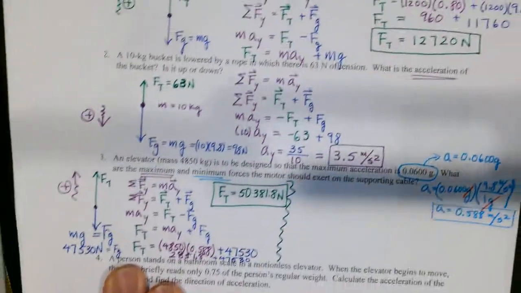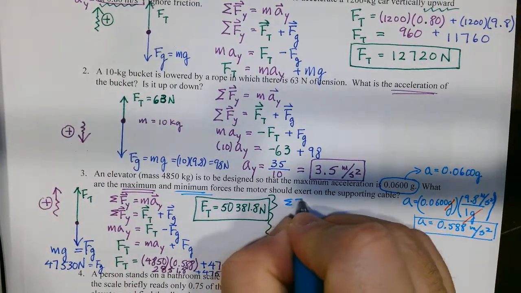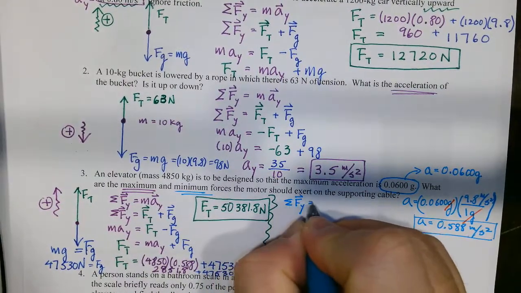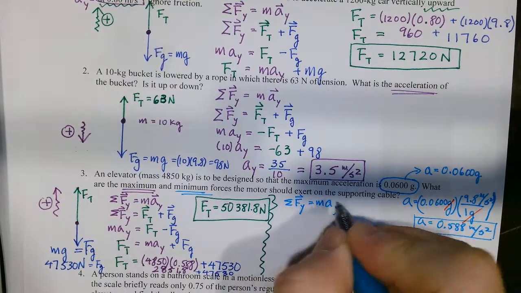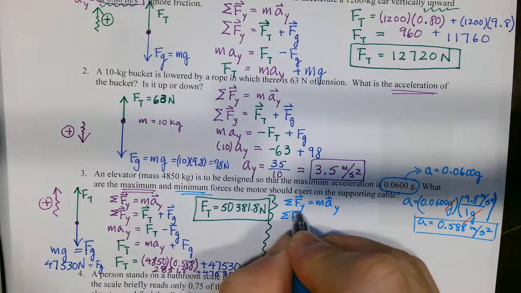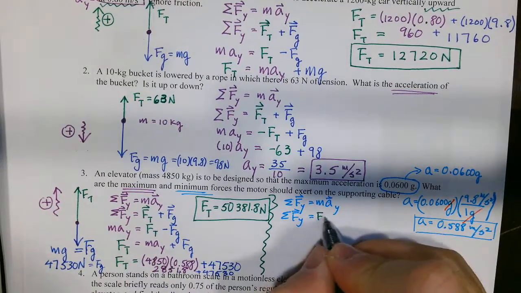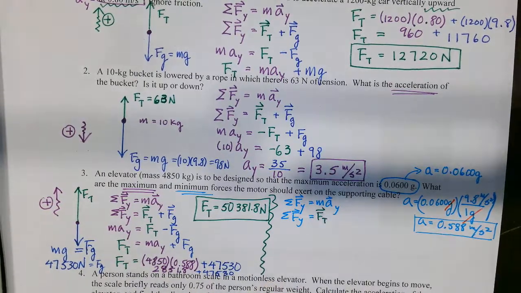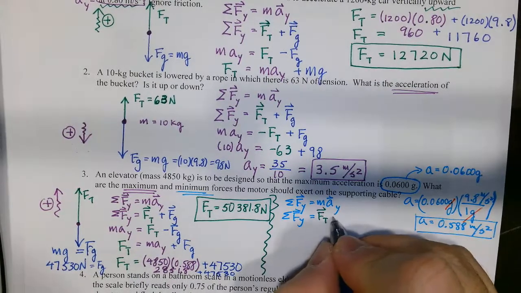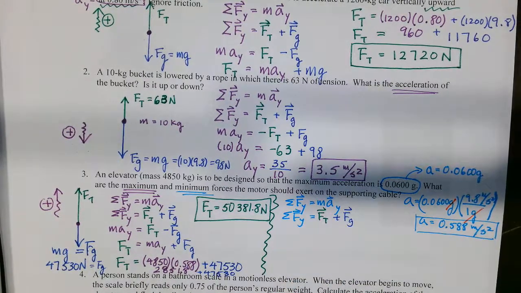Well, now let's think about the minimum part. Okay? So here, sum of all forces in Y is equal to MAY. And then sum of all forces in Y is equal to, again, F tension plus FG. But this time, what's happening?